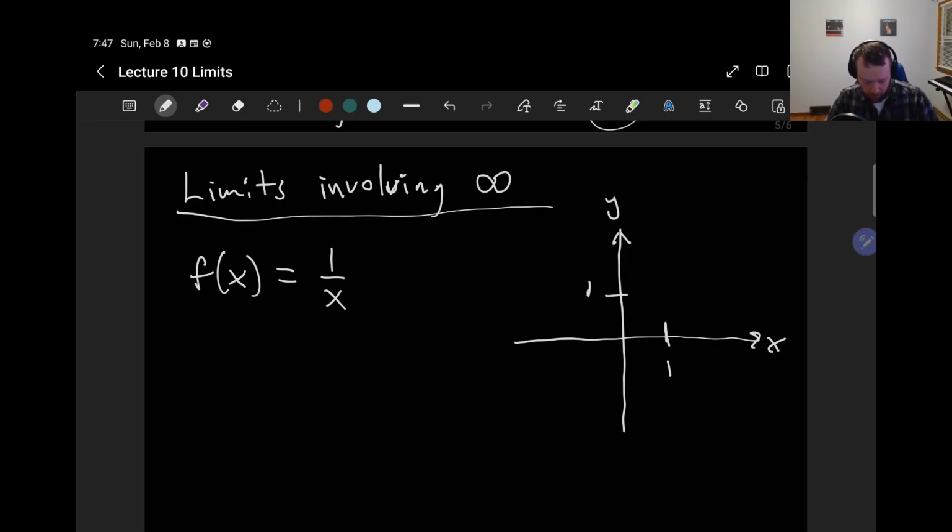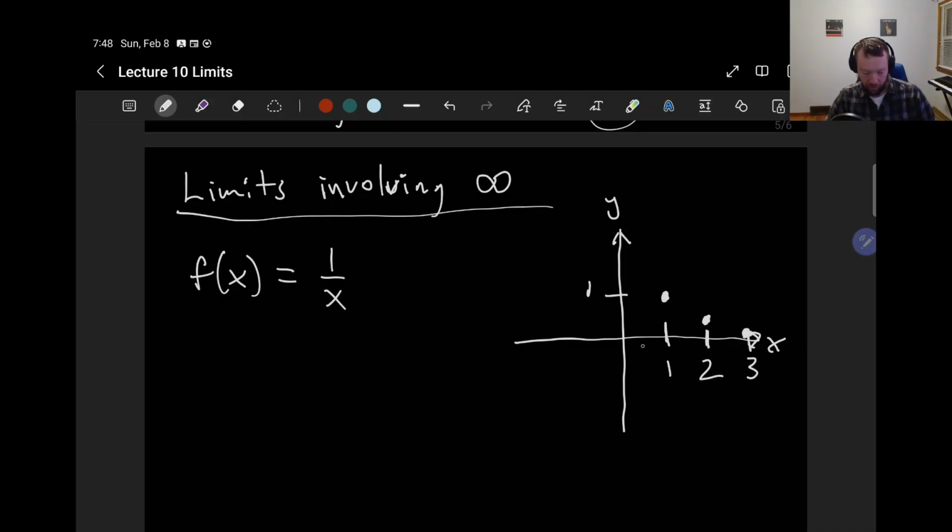But if I plug in 1 for x, then I get 1 over 1. So height 1. If I plug in 2 for x, then the y value is 1 over 2, 1/2. So we're down here. If I plug in 3, I get 1/3.